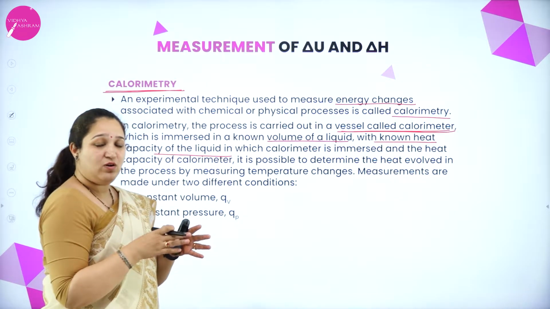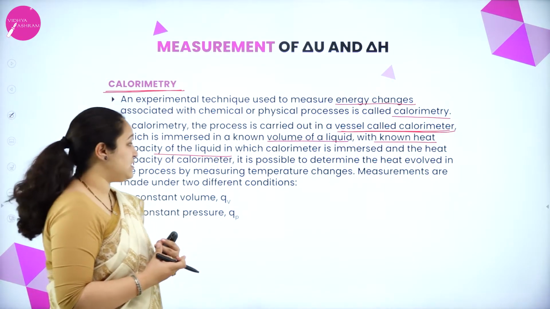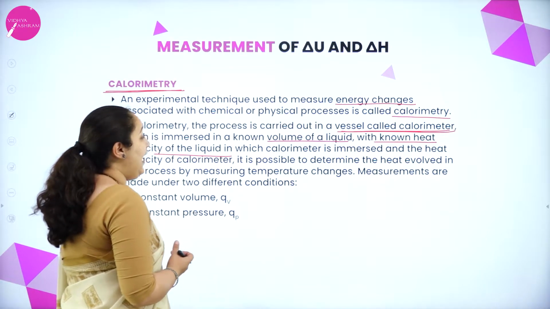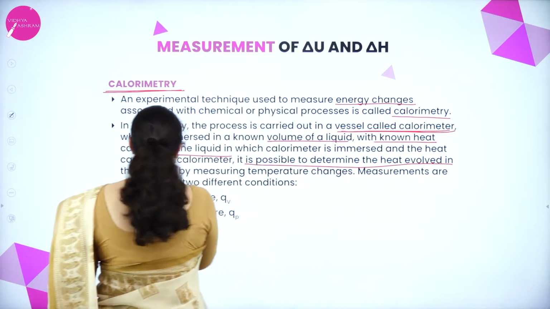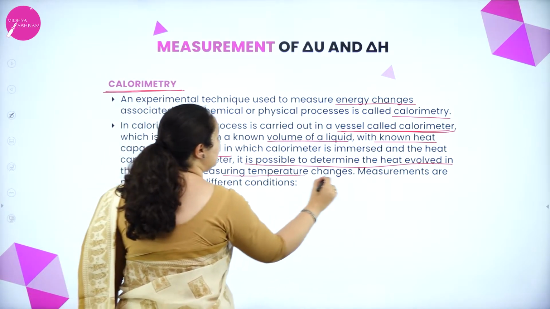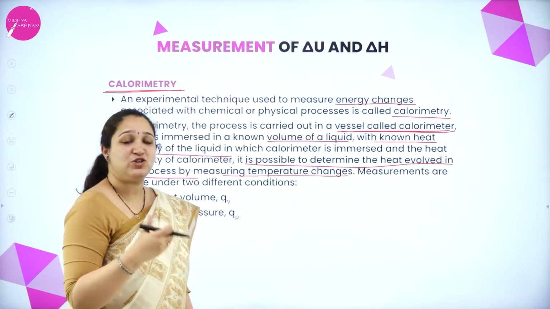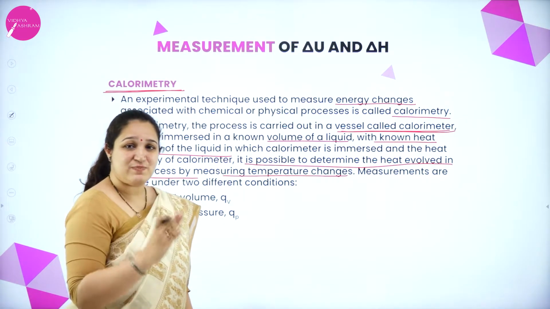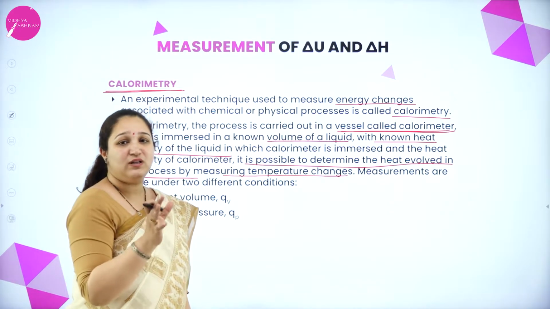Inside the calorimeter we also have the reaction mixture, and we should know the heat capacity of the calorimeter. It is then possible to determine the heat evolved in the process by measuring the temperature changes. So here how are we going to measure delta H and delta U? It is basically with the change in temperature which happens during the reaction.